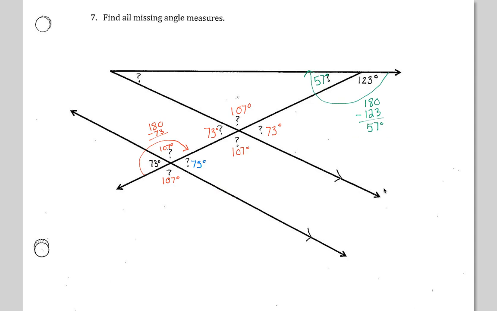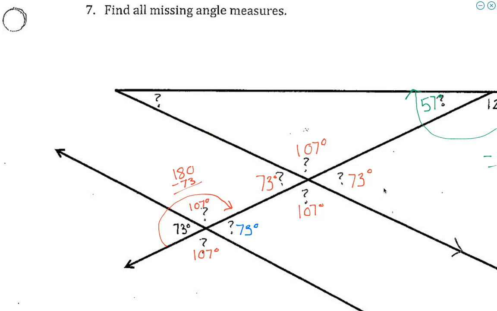And then I have one more missing angle, which is the third angle of this triangle. So that means if I do the 180 that they should all add up to, take away the 107, take away the 57, we get 16 degrees.